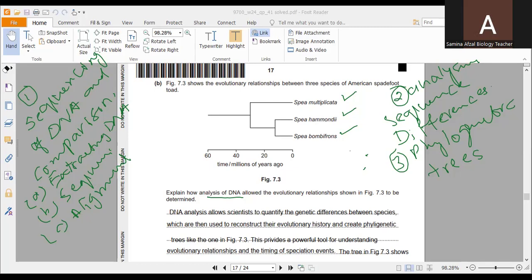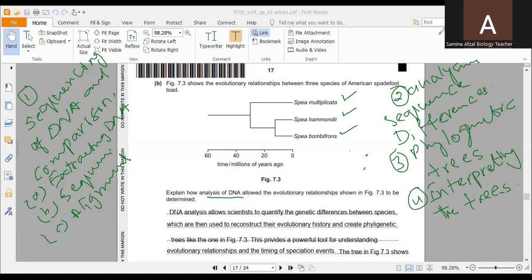Then interpreting the trees. So the analysis of DNA will be based on these points. As I have told you, the first point is sequencing of DNA and comparison.